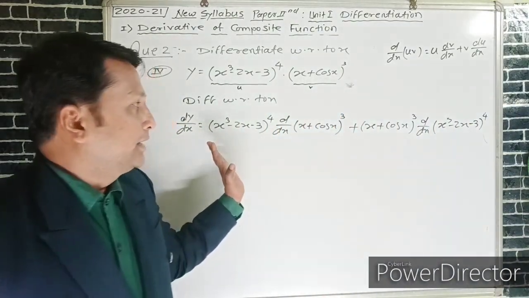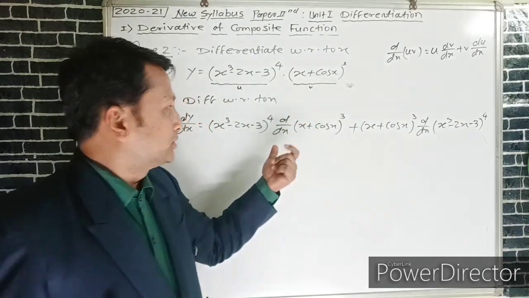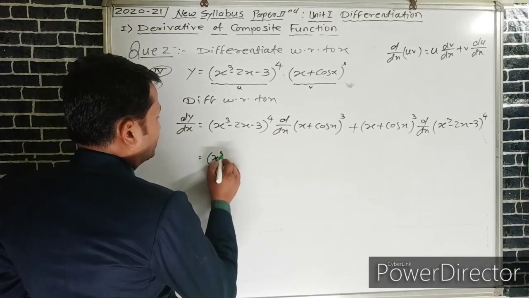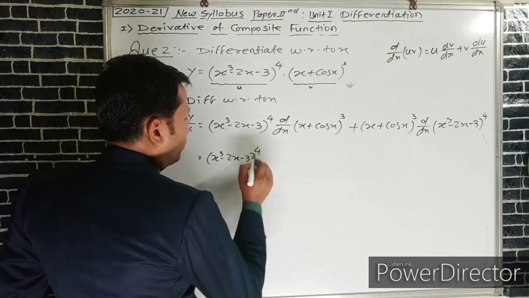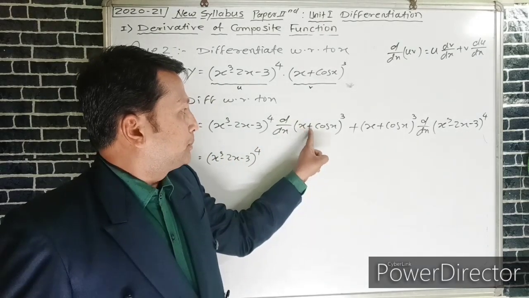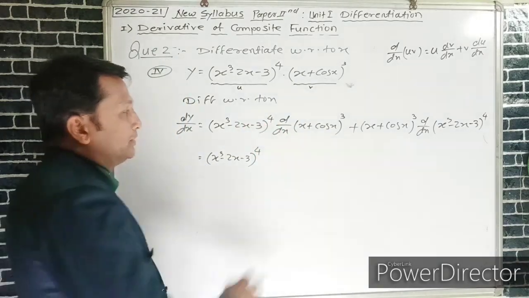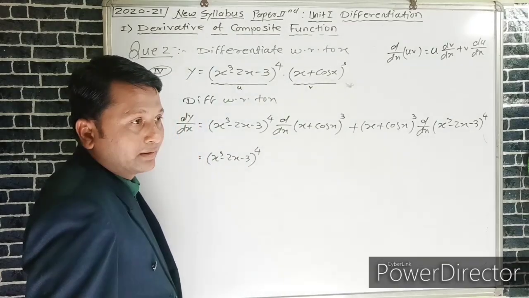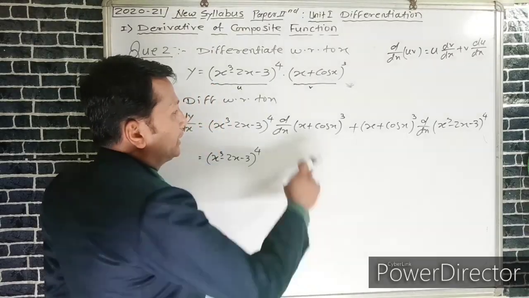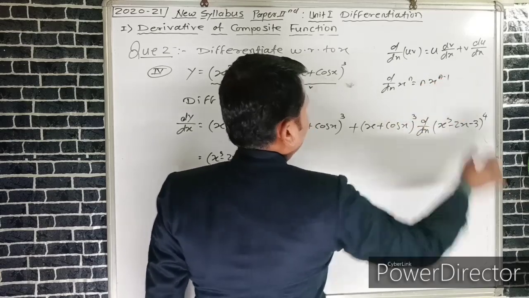Now we find the derivative of each function separately. The function before d/dx we write as it is, (x^3 - 2x - 3)^4. We take the derivative only of (x + cos x)^3. We know the given function is in composite form, x raised to the power n, and the derivative of x^n is n x^(n-1).